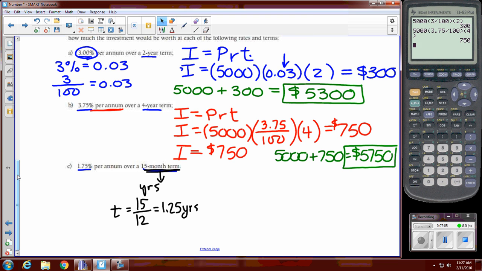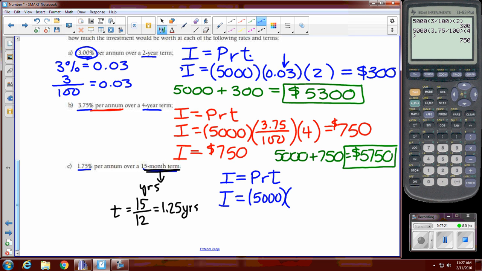Now the rest of the formula just goes the exact same way. I'm going to say our interest is the principal times the rate times the time. The interest we make is the principal, which in this question is still the $5,000, times the interest rate, which is 1.75 out of 100, because we need that as a decimal, multiplied now by 1 1/4 year, or 1.25 years.